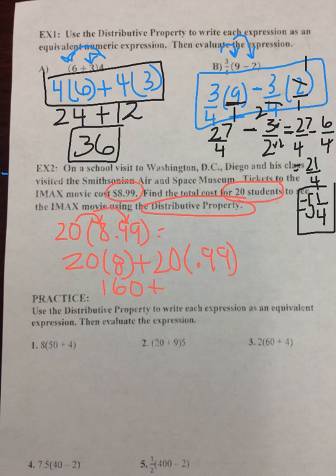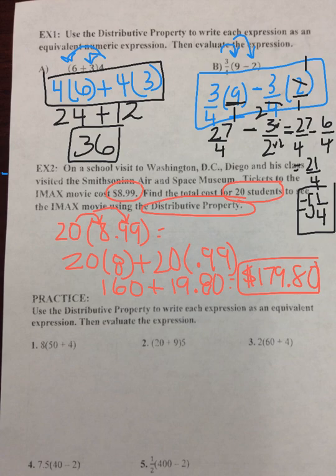And then 99 cents times 20 is going to give me $19.80. So if I add those together, I'm going to get $179.80.